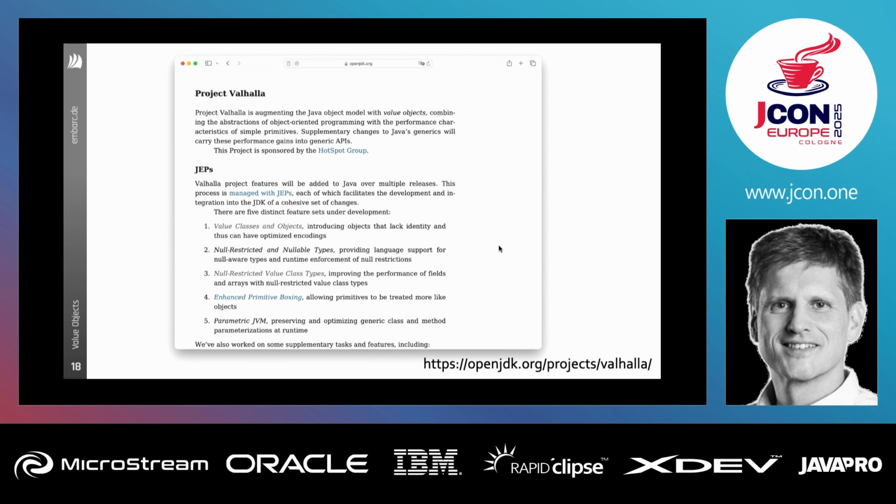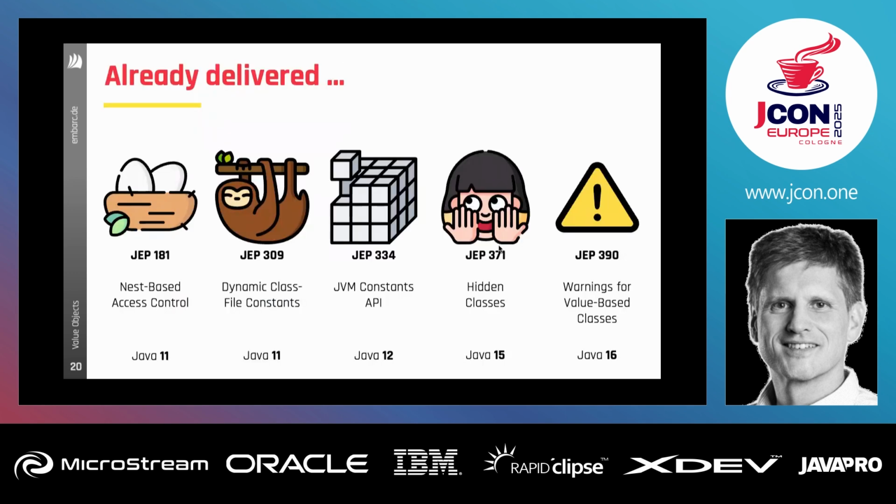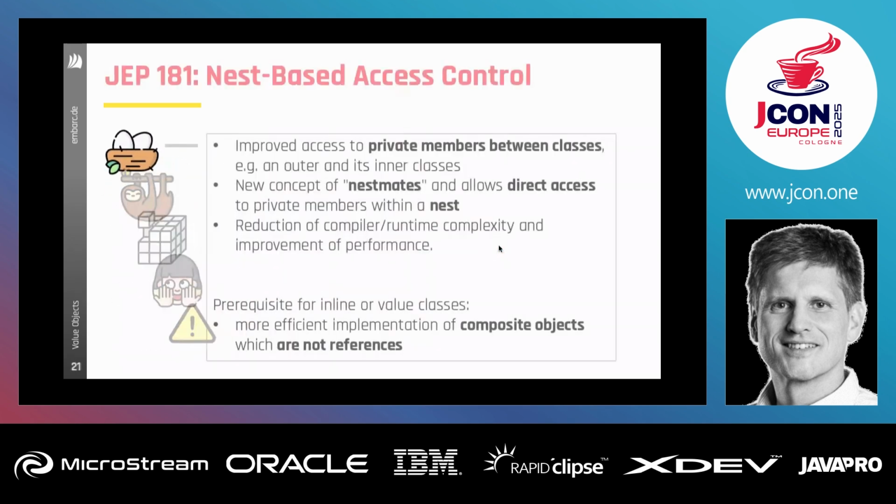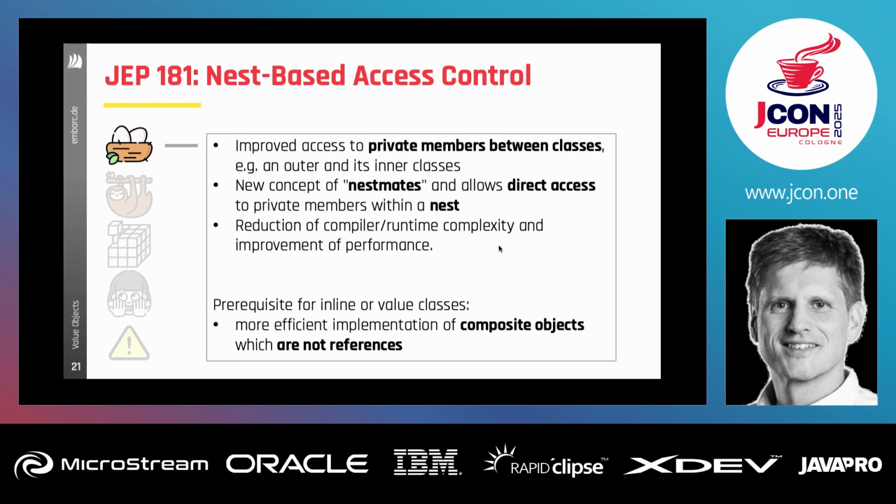When you go to the project page, they list a few features that have already been implemented in Java 11, Java 12, Java 15, Java 16. The first one is JEP 181. JEP stands for JDK Enhancement Proposal. It's kind of a specification.